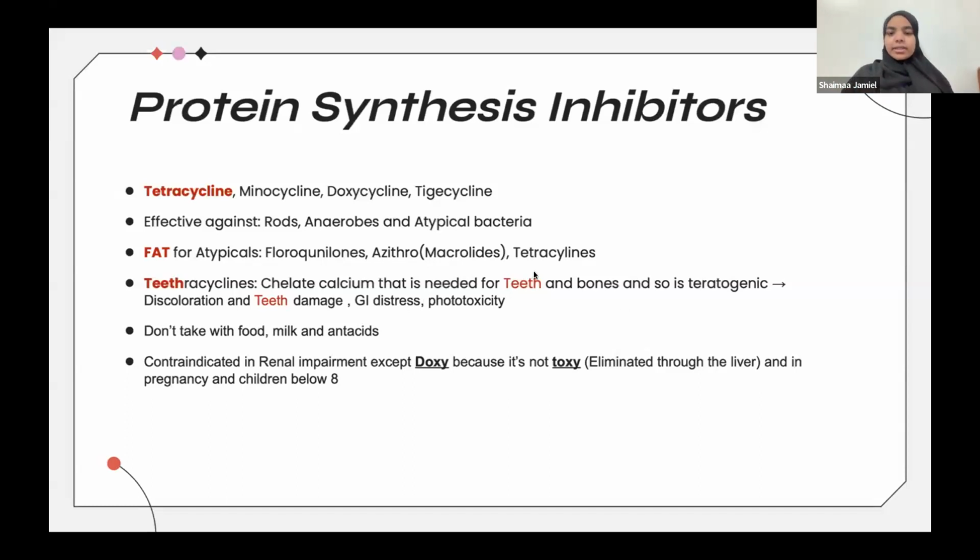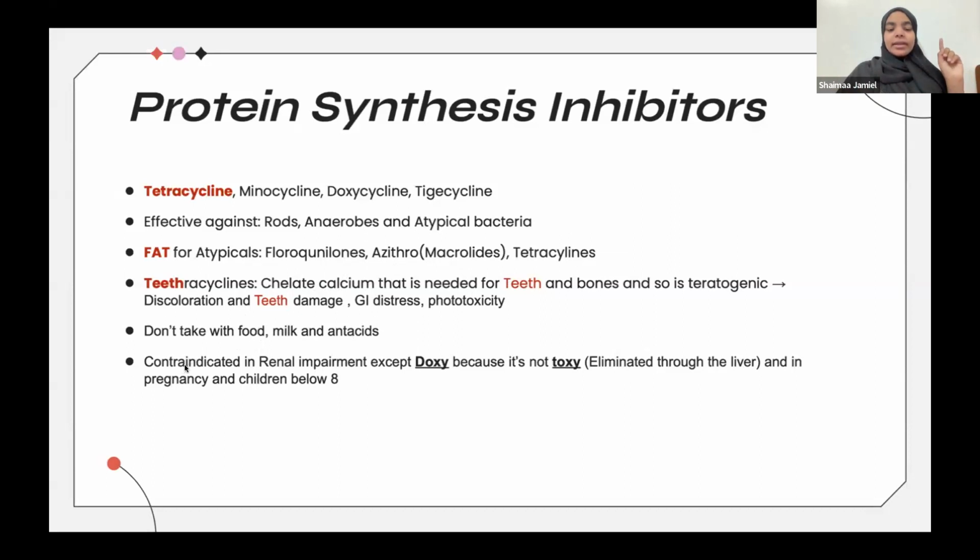So tetracyclines: teeth and bone, because they chelate calcium, and GI distress, which is almost with any drug, and phototoxicity. And since they chelate calcium, their absorption is going to be affected if you take the drug with food, milk, and antacids. So basically, they're not recommended to take with food, milk, and antacids, okay?